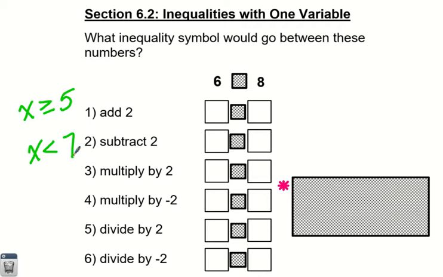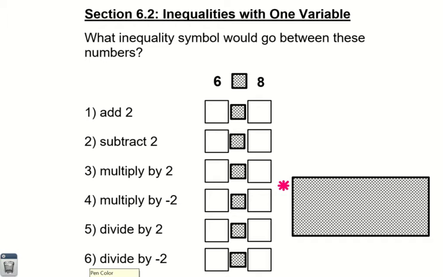And we talked about when to use an open circle and when to use a solid colored in circle, and that was section 6.1. So this is section 6.2, and we're continuing with it.